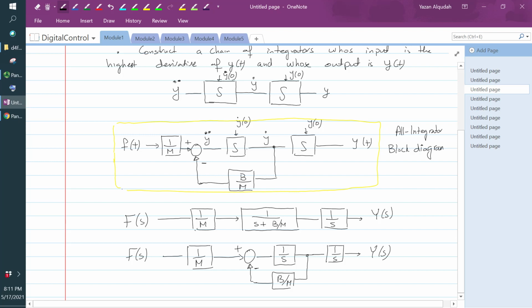If I take the equivalent of 1 over s, this is G, and H is b over m, it is going to give me 1 over s plus b over m.